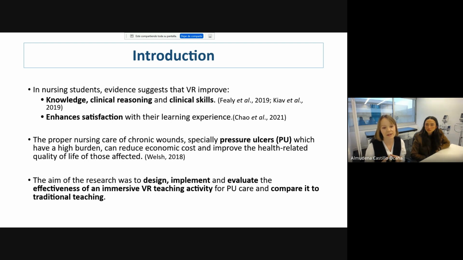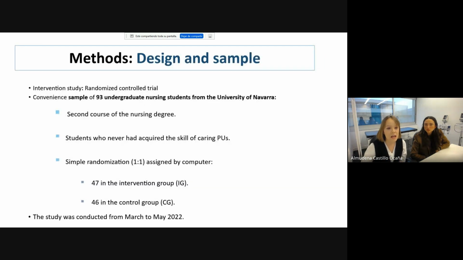Basically, because they are chronic wounds that have a huge impact on the daily life of the patients who suffer from them, and also they have a huge economic cost for hospitals. That's why the aim of our research was to design, implement, and evaluate the effectiveness of an immersive virtual reality teaching activity for pressure ulcer care and compare it to the traditional way of teaching.